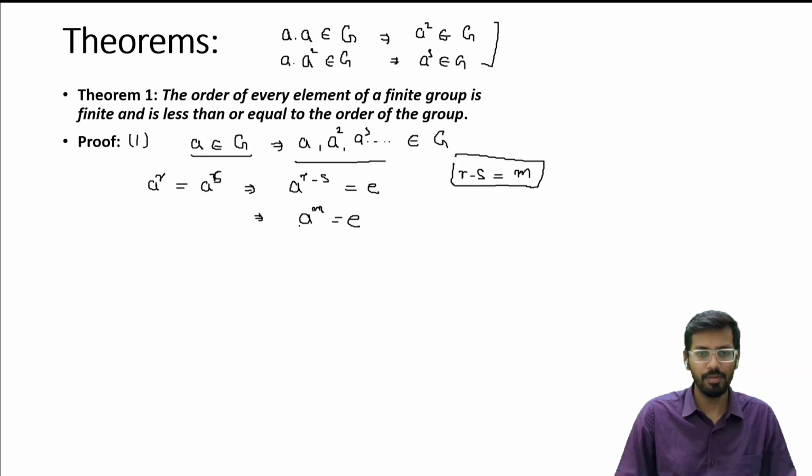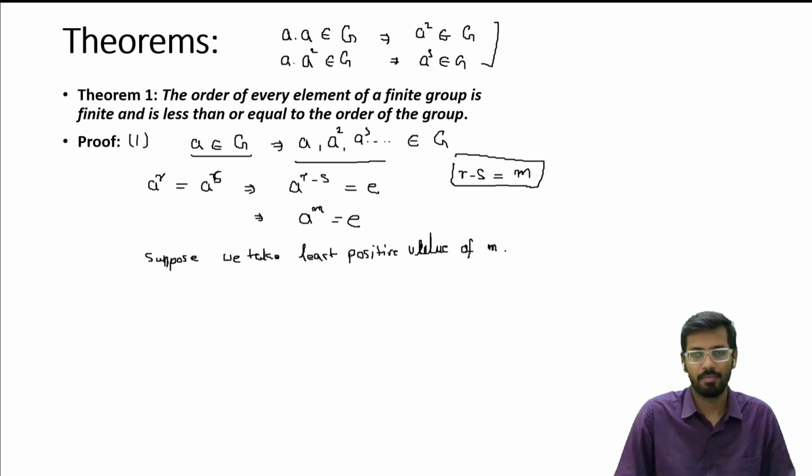So we can take the least positive value of n, then a raised to power n is e.